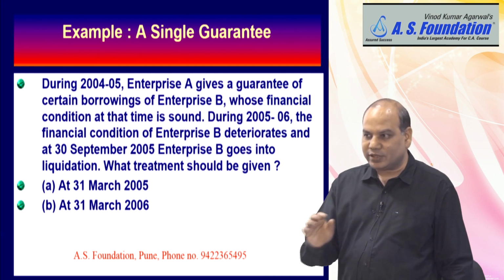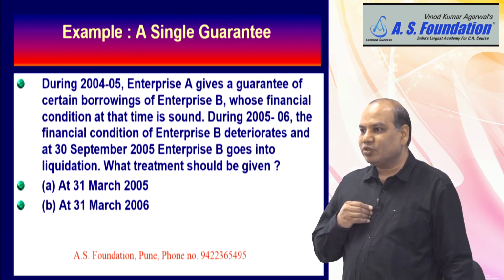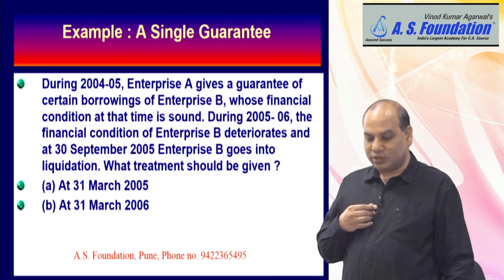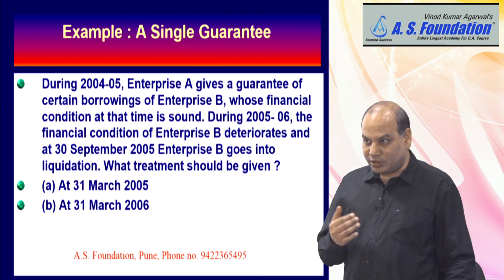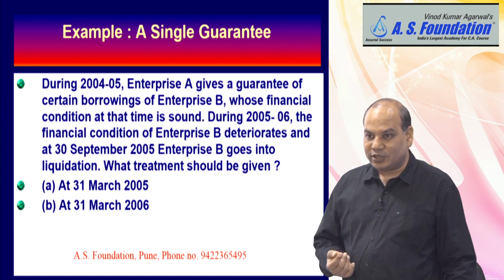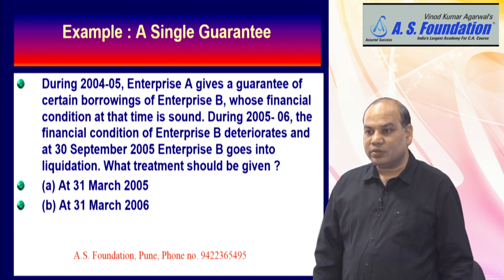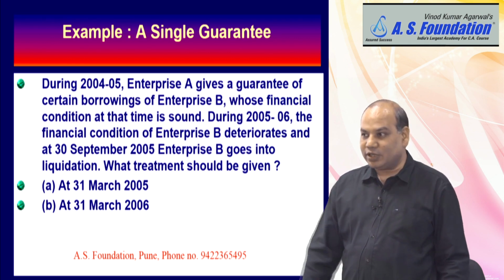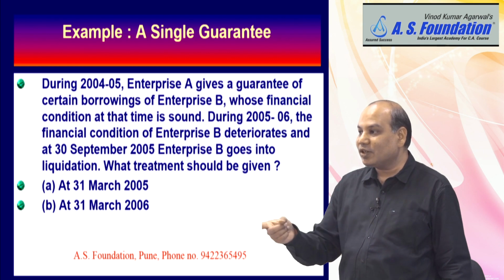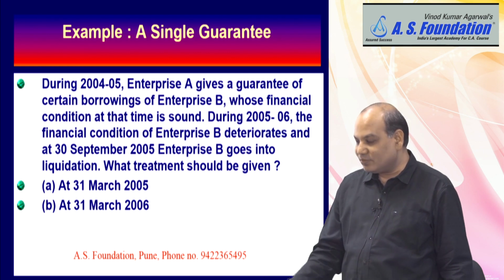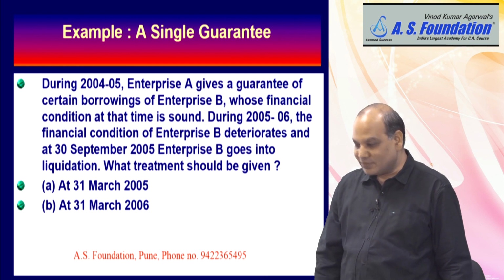So don't recognize it. Only disclose as a contingent liability. And in 2006 the other company for whom you have given the guarantee has gone into liquidation. Now the creditor will catch hold of your collar and say, pay the amount. You have given the guarantee, take out the money.